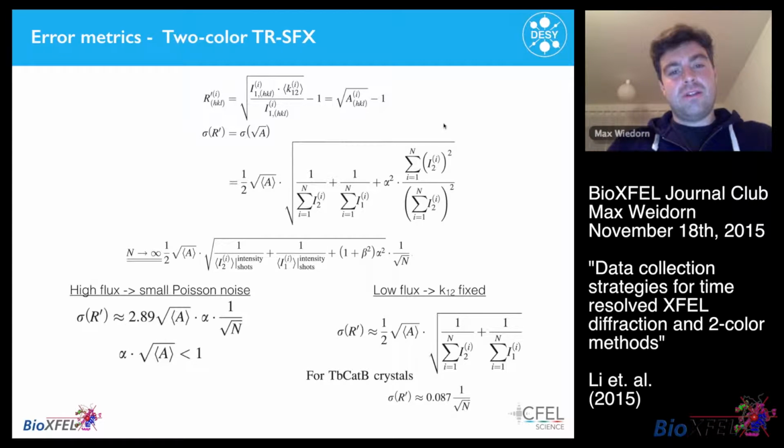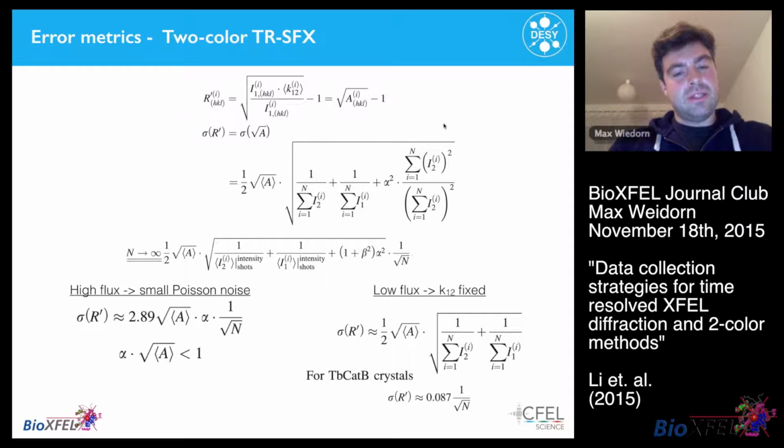But since both pulses are rather strong, you can neglect the first two parts in the sum, because the intensity of your shots is supposed to be high. Then everything essentially boils down to the same thing as for the standard Monte Carlo approach, also with a similar prefactor.